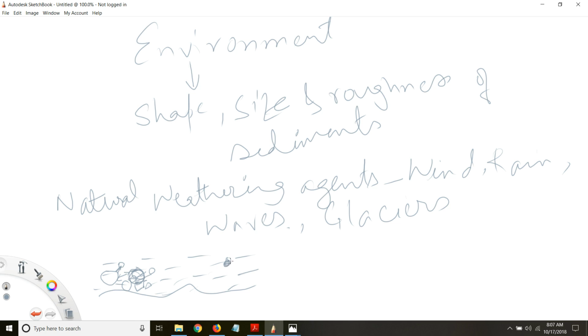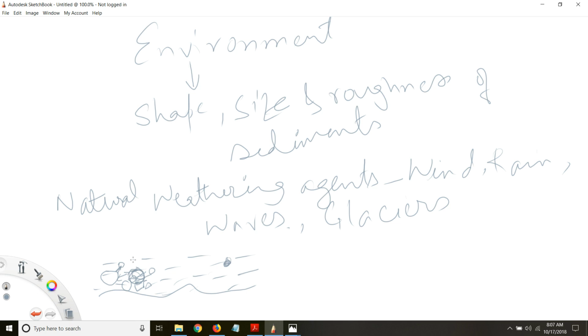Another important factor that I want you to understand is the size of the sediments and how they are deposited. Imagine the river is flowing; it has a certain energy to carry these sediments. As the river gets weaker in its flow, it will start to drop the heavier sediments first.